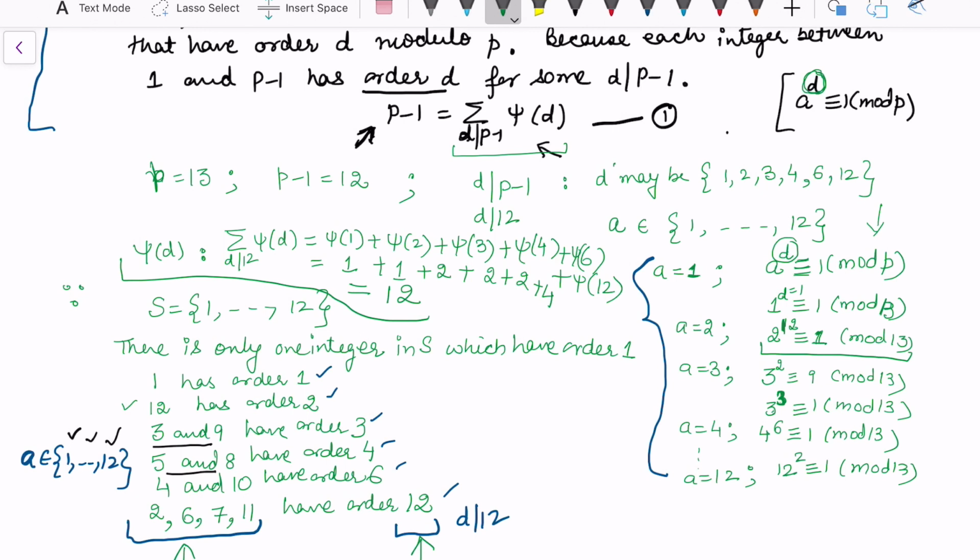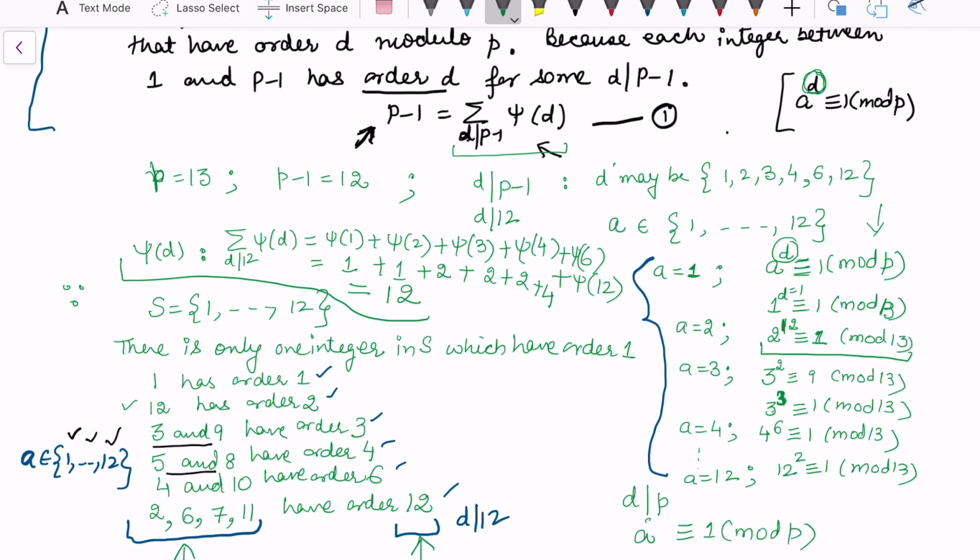And one more very important thing. Looking at the last statement, we started from P prime and considered the divisors of P minus 1. We wanted to look at a number A congruent to 1 modulo P that can act as a primitive root.